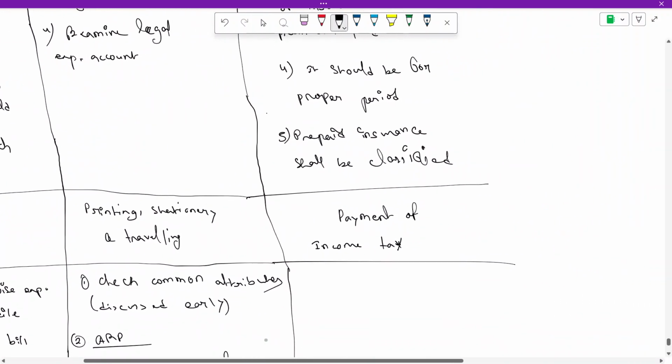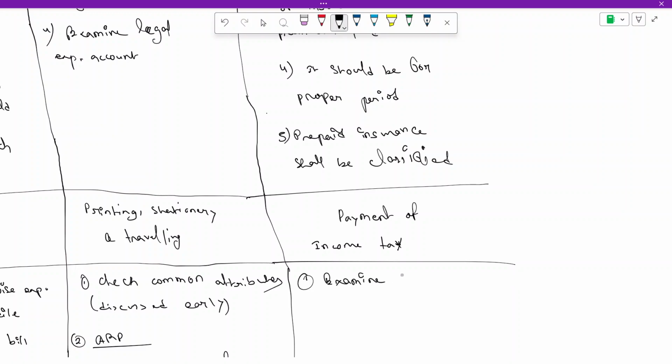And for payment of income tax, examine the assessment made by the client.